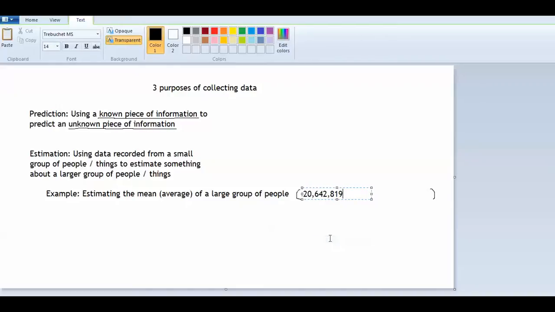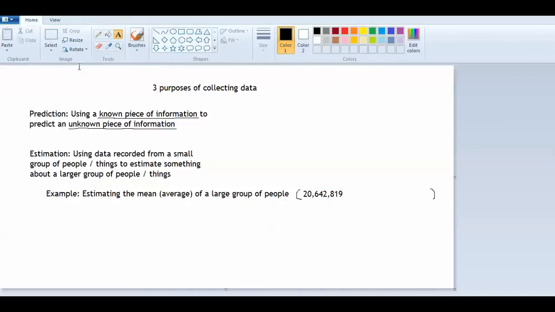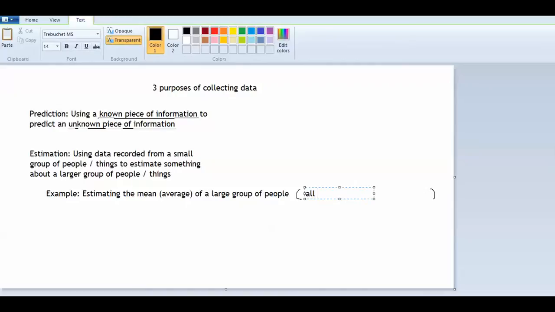But there's no guarantee that a person has already recorded all of those GPAs.